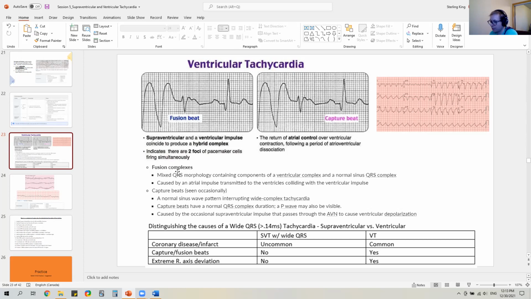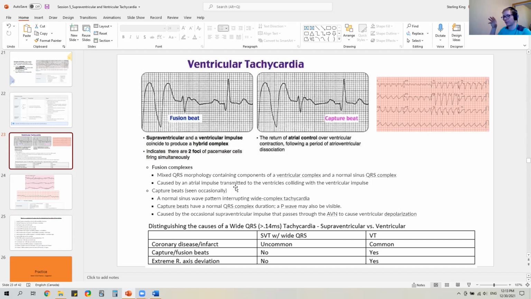A fusion beat works like this: you have the up and down of ventricular tachycardia, and then the ventricle starts to fire, but at the same time a normal QRS is fired from the atrium, because the atria are still contracting.